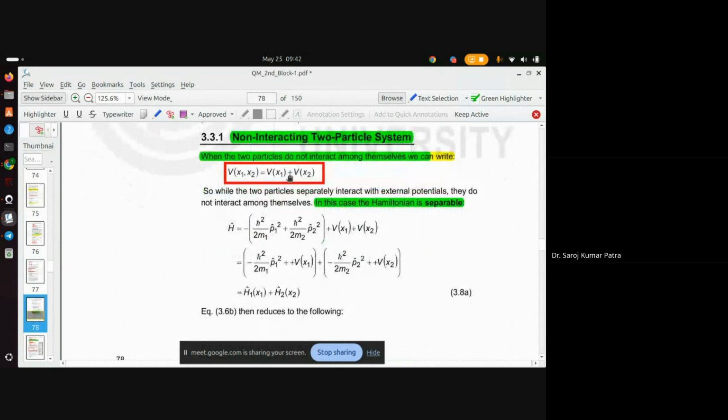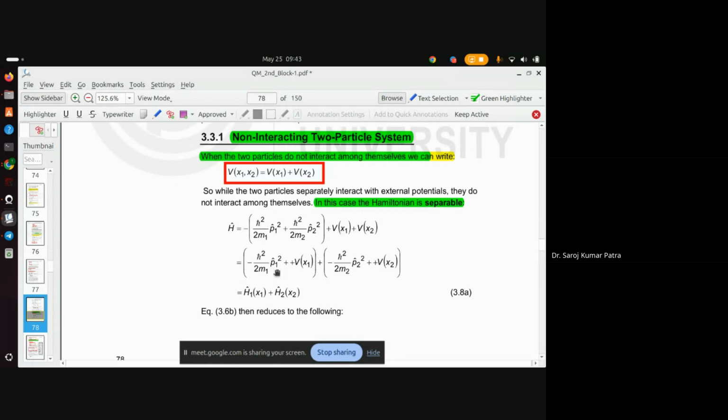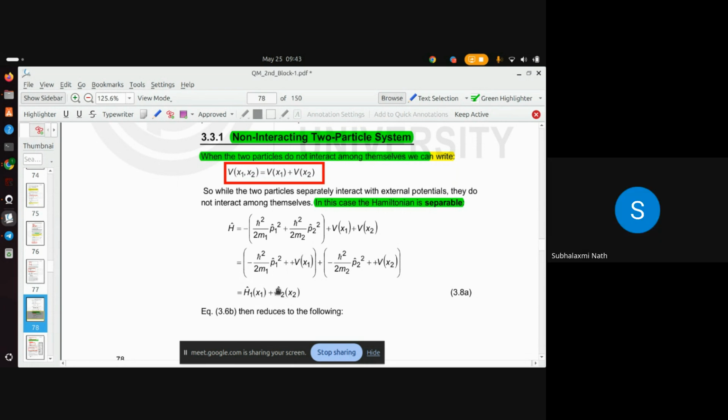If that is the case and we write the Hamiltonian, you can see h cross squared by 2m1 p1 squared plus h cross squared by 2m2 p2 squared plus V(x1) plus V(x2). So I can take this V(x1) to this p1 squared, so that it becomes the H1 plus H2 Hamiltonian: kinetic energy plus potential energy for particle 1, and kinetic energy plus potential energy for particle 2. So then it will be H1 cap plus H2 cap, right?